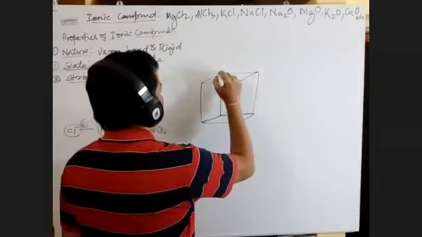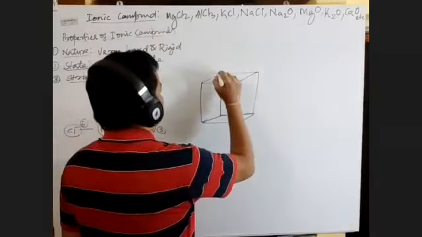Similarly, this chlorine will be surrounded by sodium plus here, again sodium plus here, down another sodium plus, on the back side another sodium plus, and another sodium plus here.